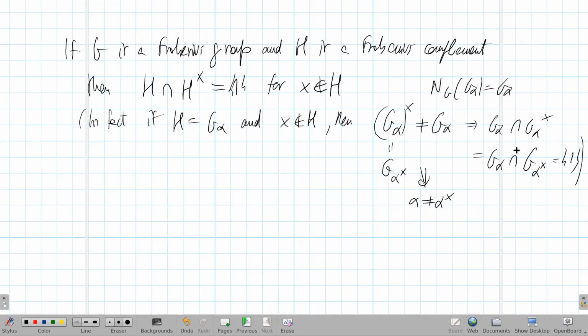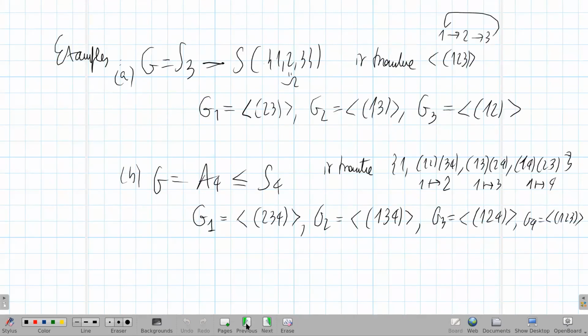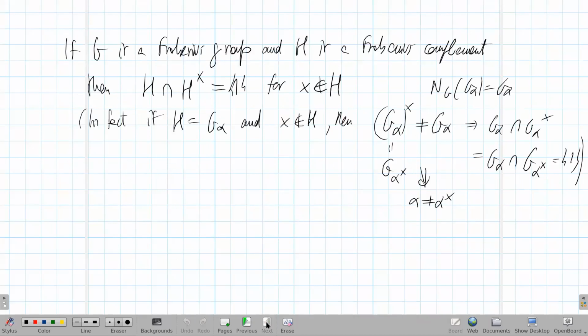And then this intersection, which you can write in two ways, with the X up or with the X down, has to be trivial by the axioms of Frobenius groups, okay? So the second definition, let's see how. Okay, definition 2.